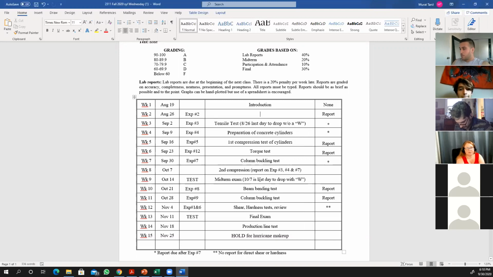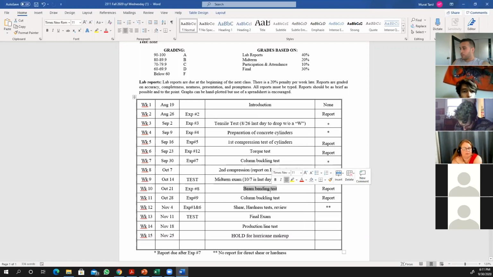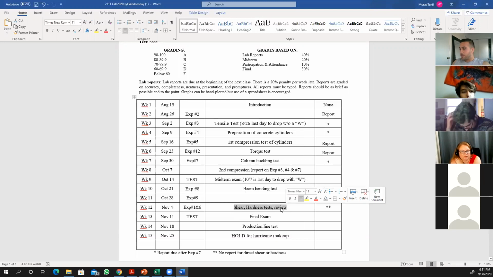It might be in 3 weeks. Maybe we might even be done in 3 weeks, because what we have left is the midterm exam. The second compression is going to be next week, and the midterm exam is the following October 14th, and then we're going to have beam bending, right? Then shear and hardness test and review. This is just going to be the review.